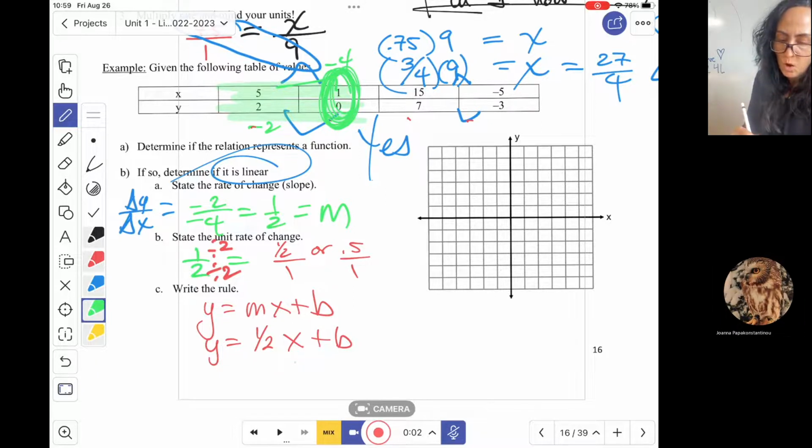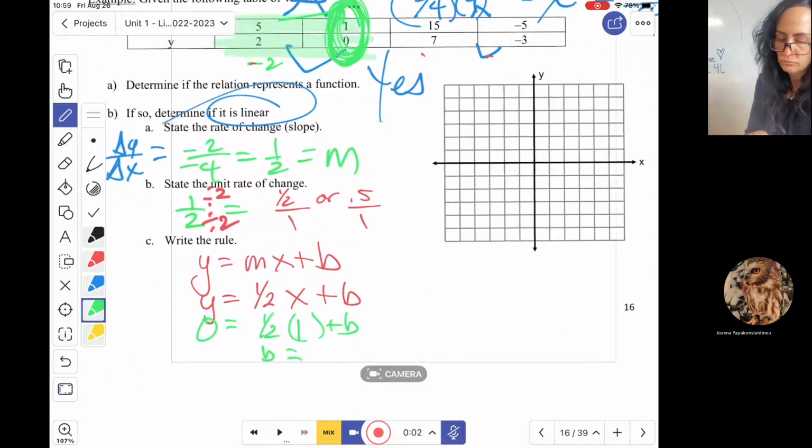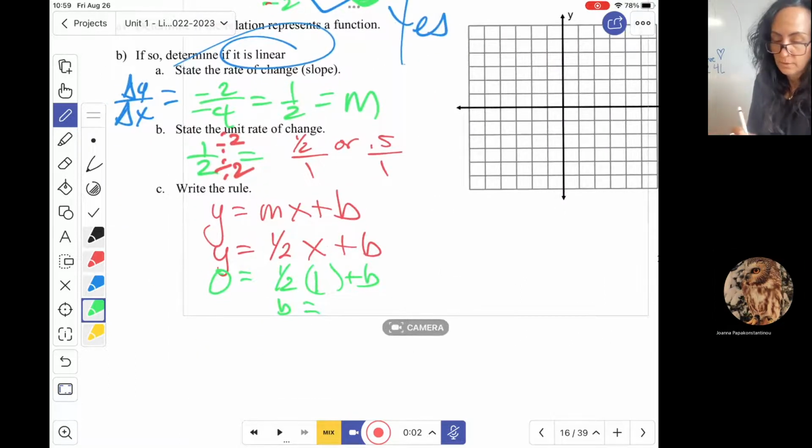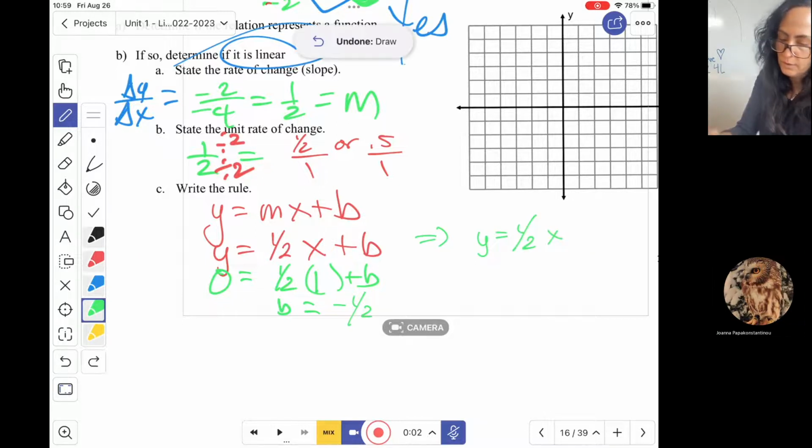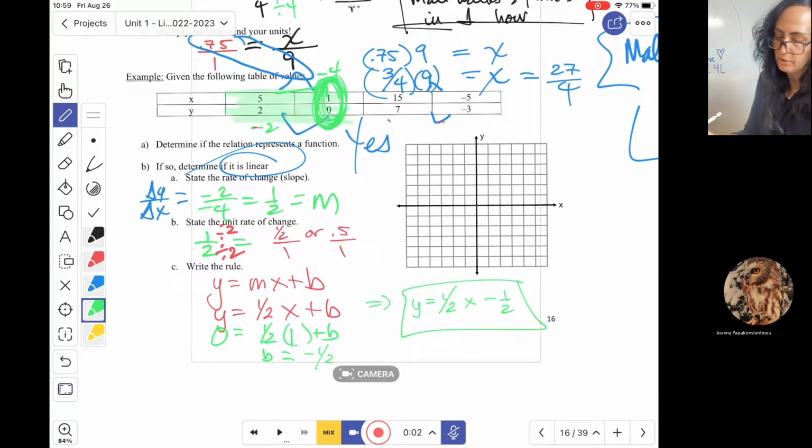When x is 1, y is 0. So what is b? Negative 1/2. So I replace the b with negative 1/2. So there's the equation that corresponds to this table of values.